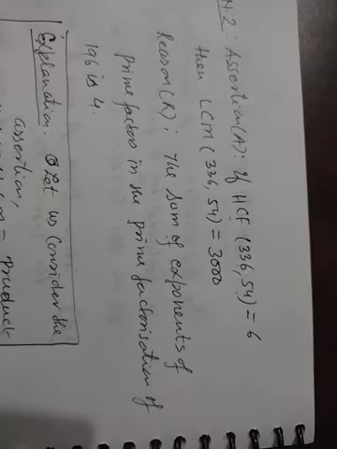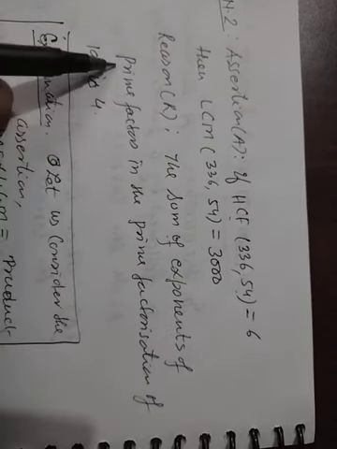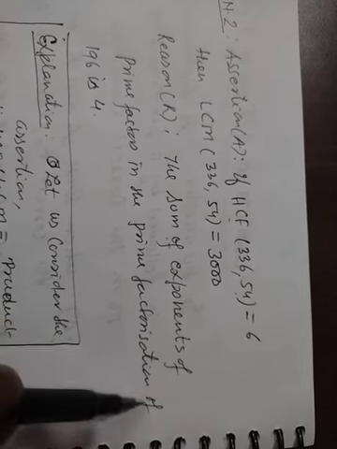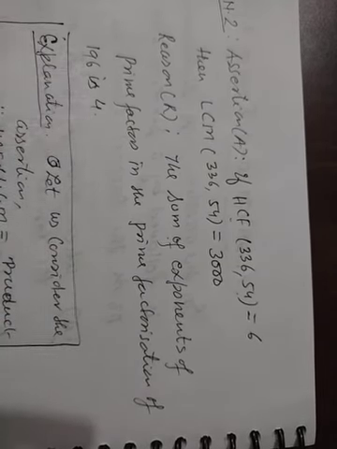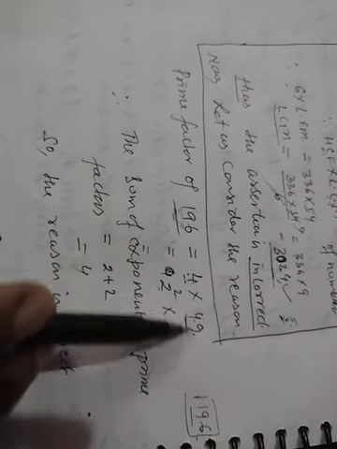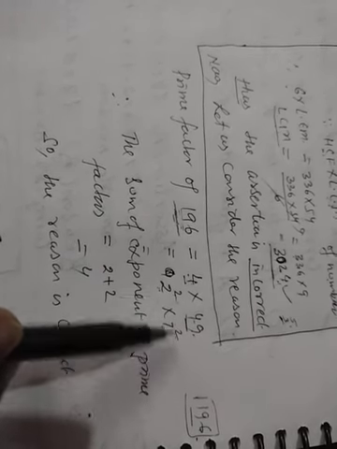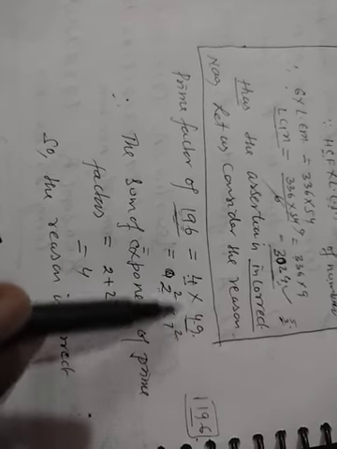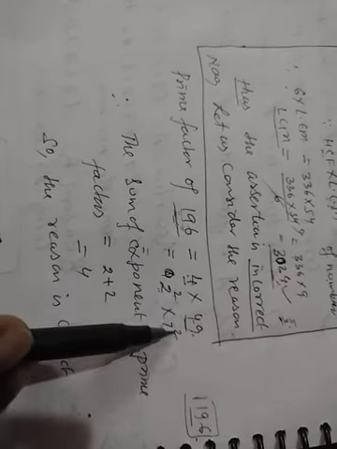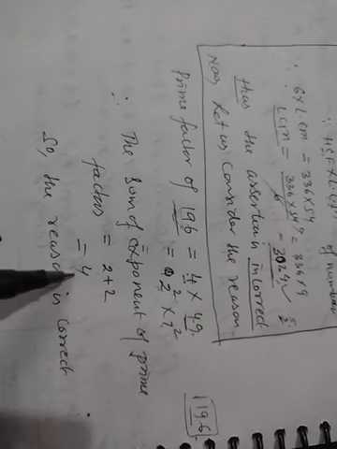You see, the reason says the sum of exponents of prime factors in the prime factorization of 196 is 4, and you have seen 196 factors as 4 into 49. 4 is written as 2 square, 49 written as 7 square. The exponents are 2 and 2, and the sum of exponents 2 plus 2 is 4.